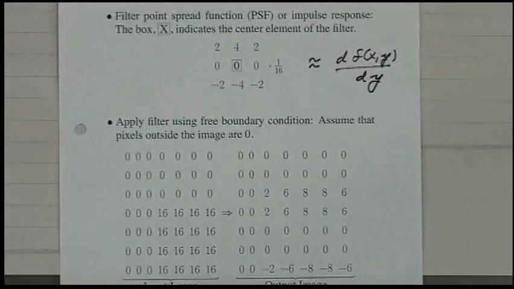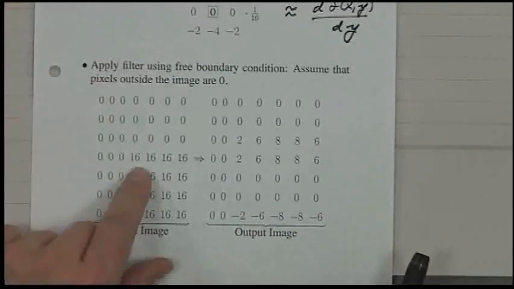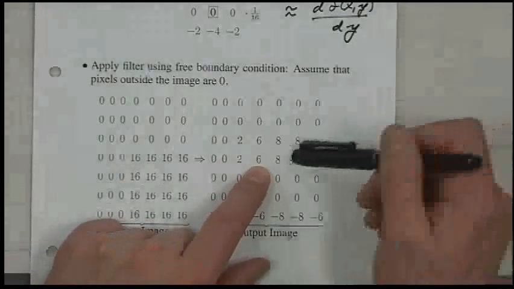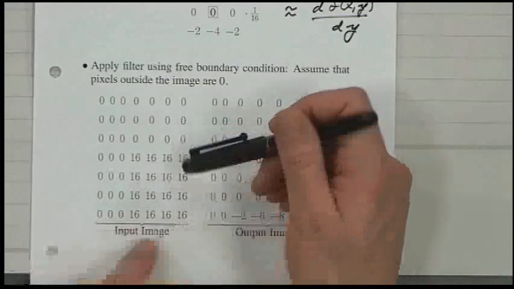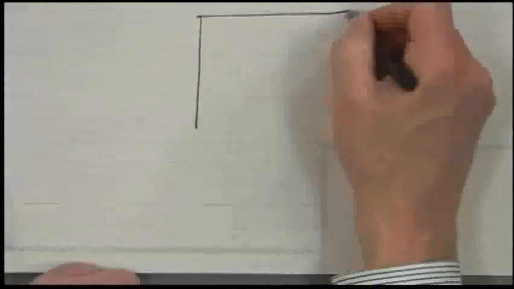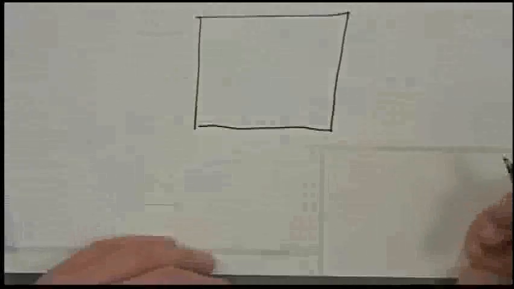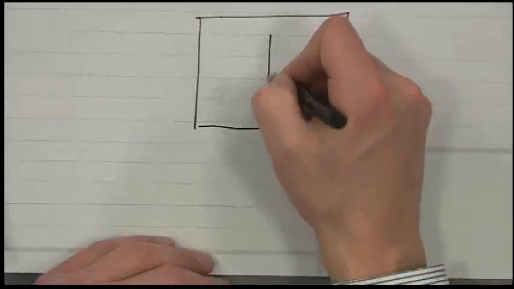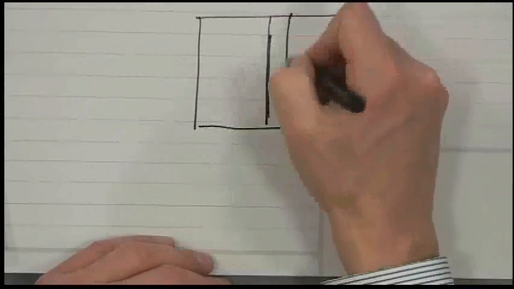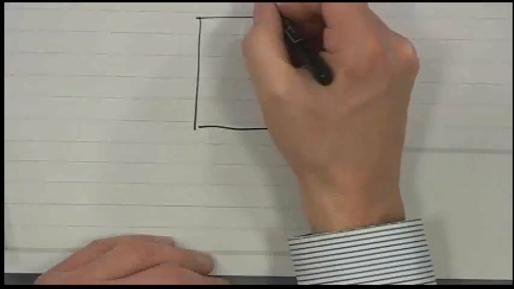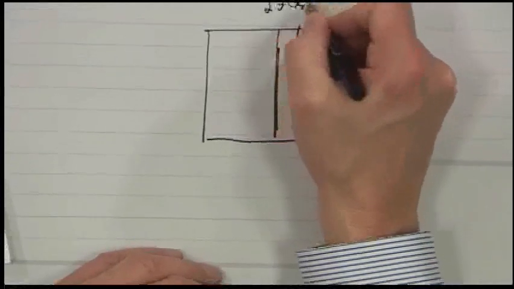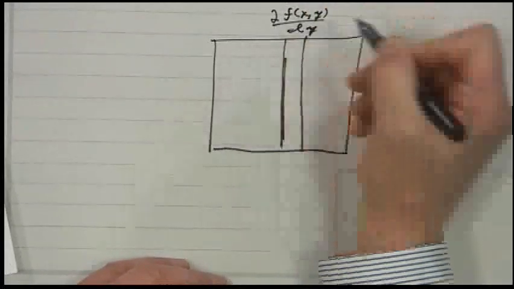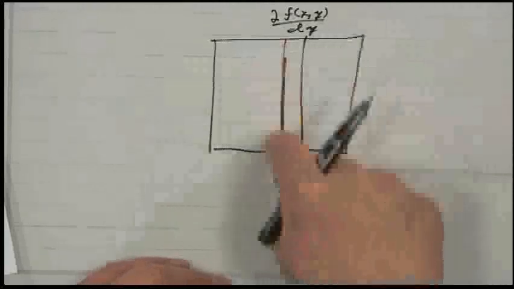And sure enough, I forgot to show you the result of the filter. If you apply this filter, look what you get. You only get output along the horizontal edges. Because if you have an image that looks like this, okay, and you have lines in it like this, and you take df of x y dy, well, the derivative here is constant in this direction.